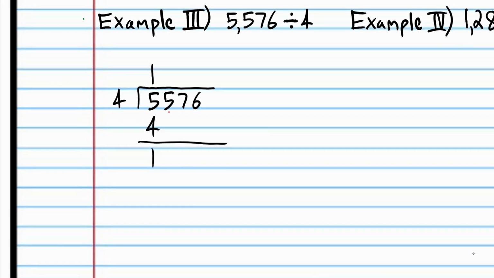Now we have more numbers, so we bring down the 5. We have more numbers here. Now we start the entire cycle over again. How many times does 4 go into 15? 3 times. That's step number 1. Step number 2, we multiply 4 and 3 to get 12.